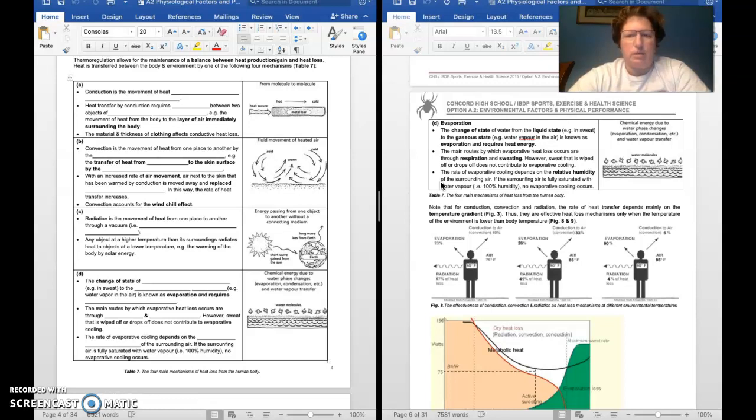That's because the air is too saturated, the body will heat up too fast, thermoregulation won't happen, and we'll have heat-related illnesses.